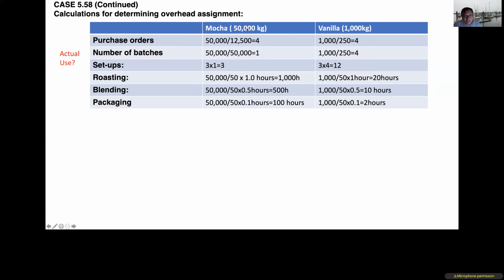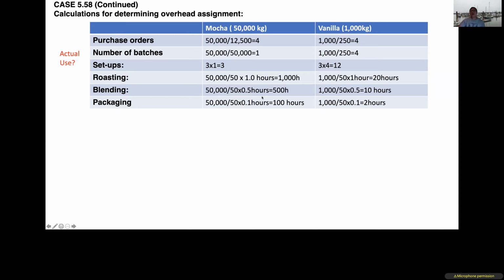So we know in order to manufacture 50,000 kilograms of Mocha, these are the cost drivers: you need 4 purchase orders, 1 batch of quality control, 3 machinery setups, 1,000 roasting hours, 500 blending hours, and 100 packaging hours.